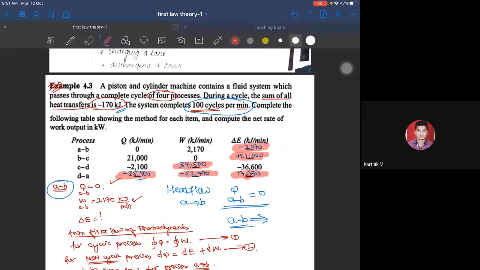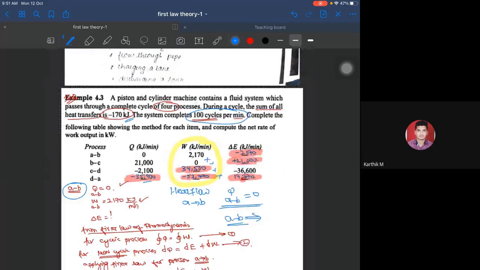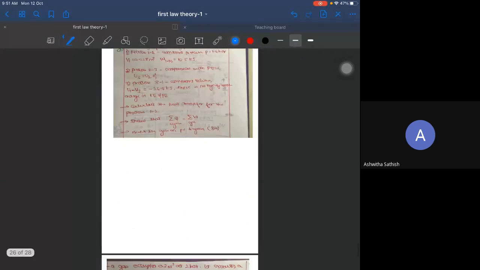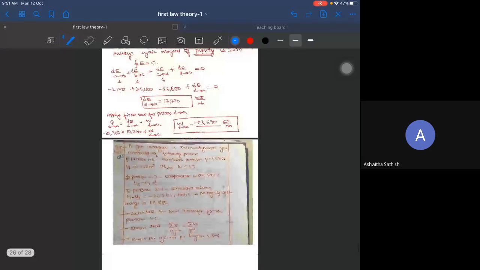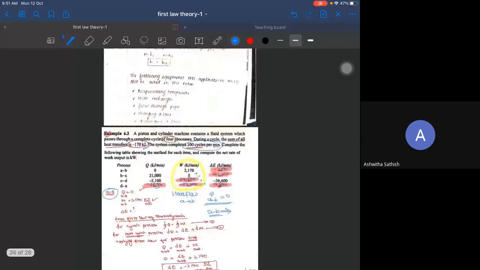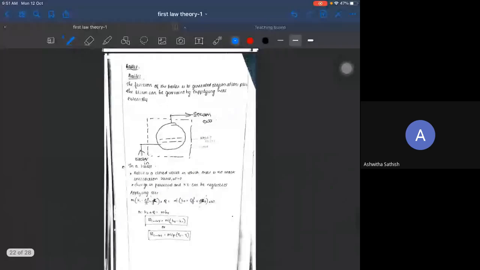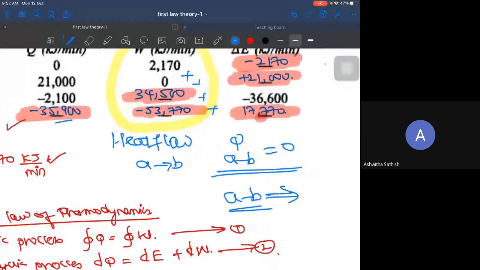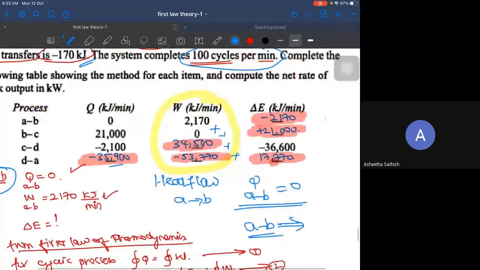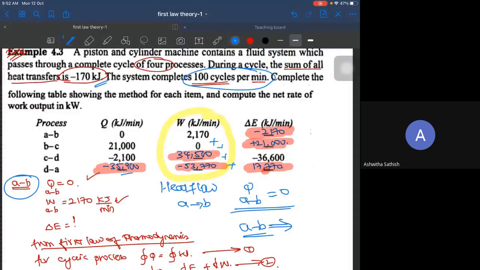And compute the net work output in kilowatts. So for the net work output, just add the values here. All these values you must add to give you the net work output. Sir, I got the answer as 53,670. Which one, work done, net work done or D to A? D to A, I guess.